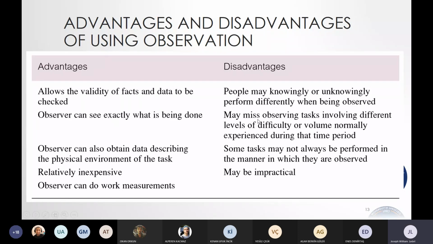It may also miss tasks of a certain level of difficulty or volume, normally over a period of time. The example I often give about this is my mom, who does taxes.